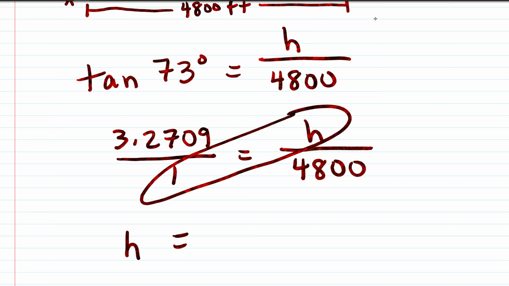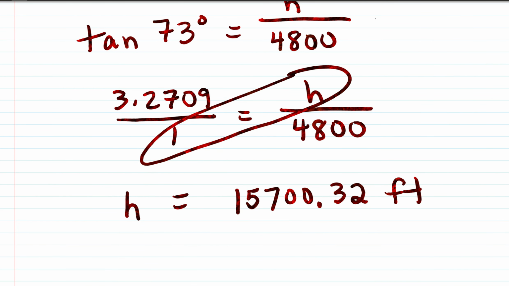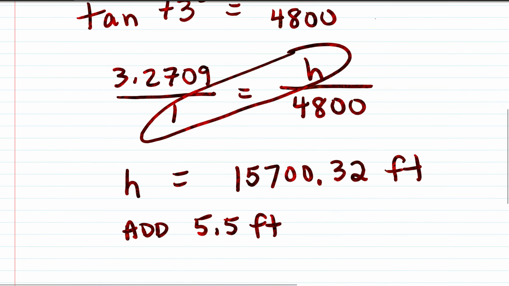Plugging that into the calculator, we get around 15,700.32 feet. And then don't forget that Jamal's height to his eyes is 5.5 feet, so we're going to add that to what you just found.